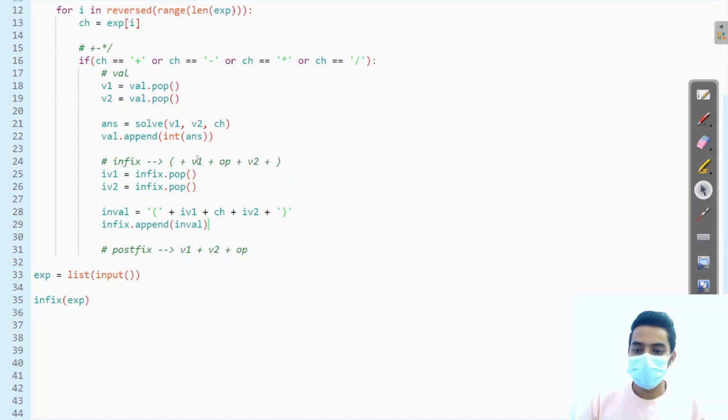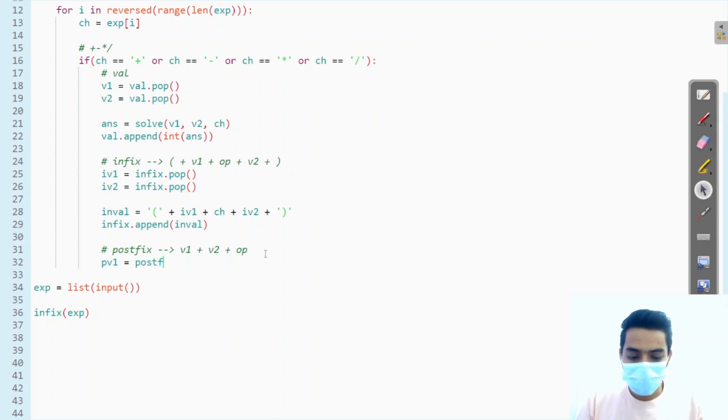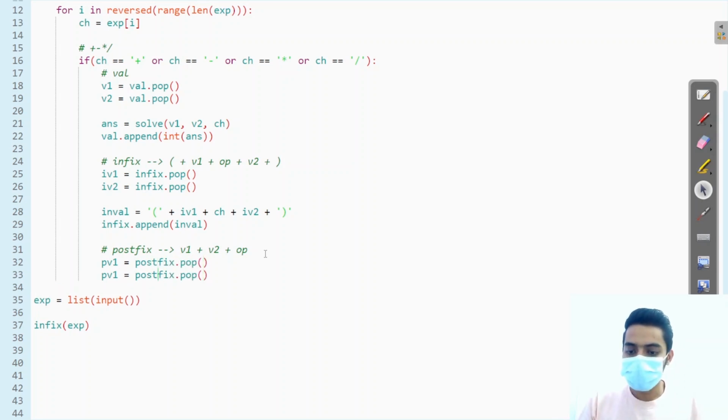So this is our infix expression, and we need to append this expression into the infix stack. Okay, so this is for infix, this is for postfix, and it will come from postfix dot pop. So this is pv1, this is pv2. Now the final expression, post val.